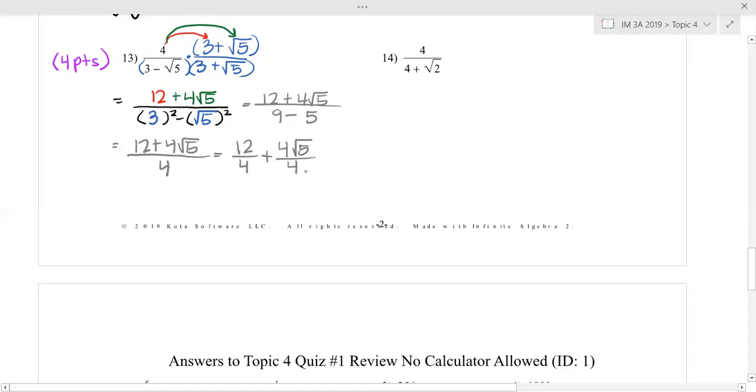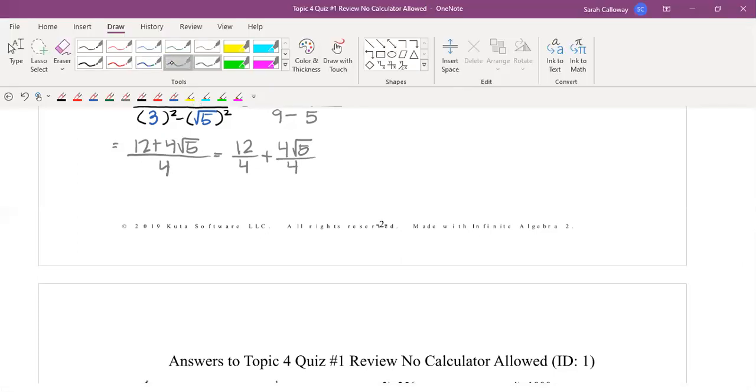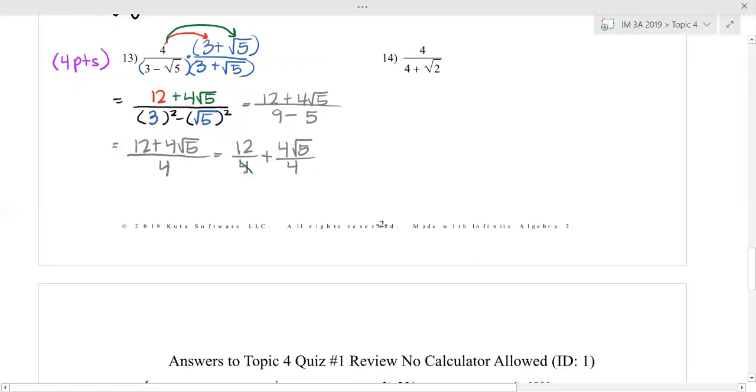And notice that I can reduce by 4 for each of them. So 12 over 4 becomes 3 over 1. So my first term of my answer is 3. And then 4 over 4, I can divide both of those numbers by 4 and get 1. So I get 3 plus the square root of 5 as my answer.